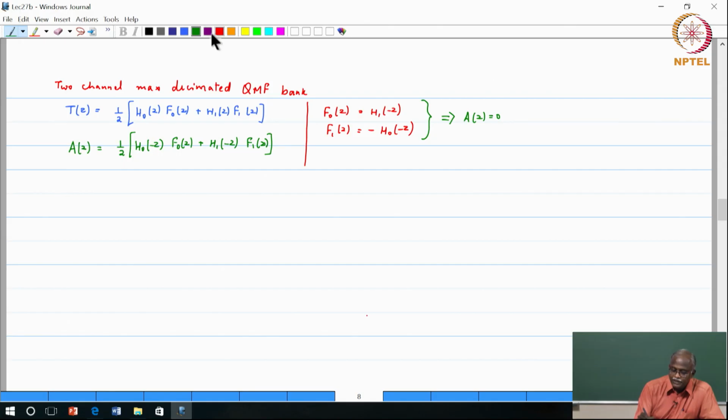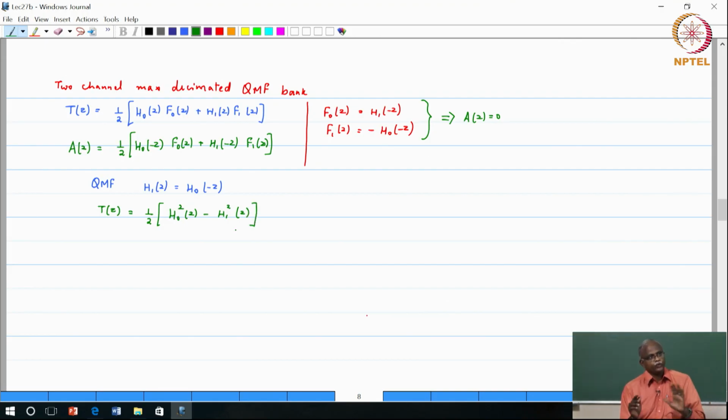Now the other condition that we imposed was the QMF condition. QMF condition, if you recall, was that the two filters are not independent but actually shifted versions of each other, H1 of z equal to H naught of minus z, and if we substitute this into the transfer function along with the aliasing cancellation constraint, then we get T of z equal to 1/2 H naught squared of z minus H1 squared of z, right.